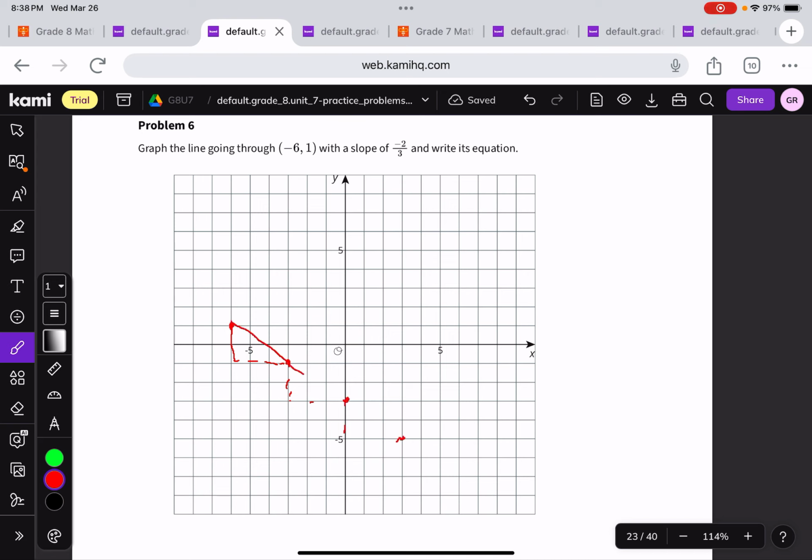That's enough information for us to be able to write its equation. y equals mx plus b. m is the slope, b is the y, or vertical, intercept. And all I got to do is swap out m with the slope and b with the y-intercept, and I have its equation. We're going to call it good. You guys finish the rest of this on your own.